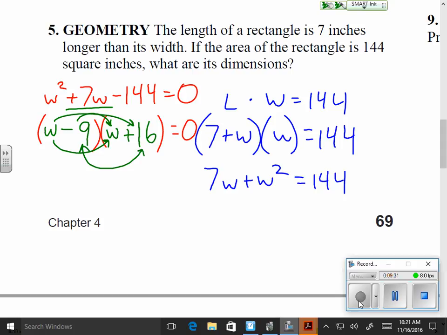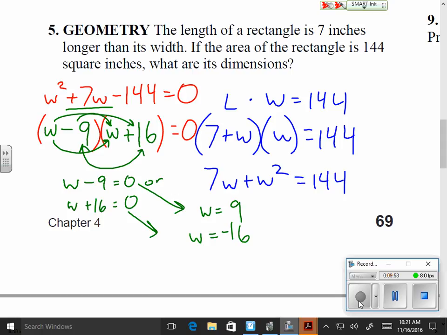So that means that if this is the correct factoring, then W minus 9 is equal to 0, or W plus 16 is equal to 0, which would mean the width would be 9, or the width would be negative 16.